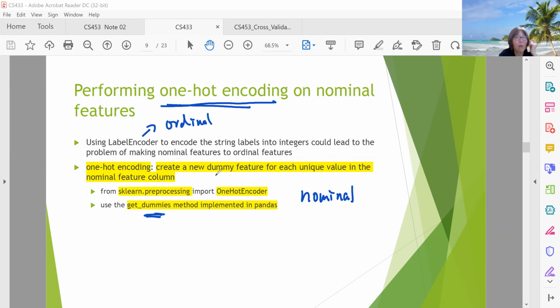It creates dummy features. So just be careful, these two are different. Label encoder and one-hot encoder are different. One-hot is good for nominal.